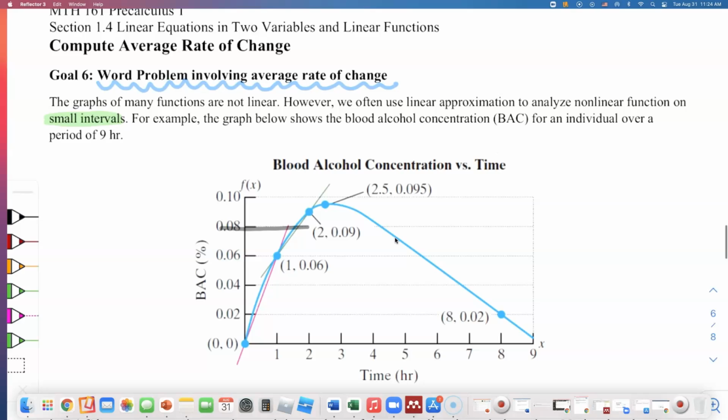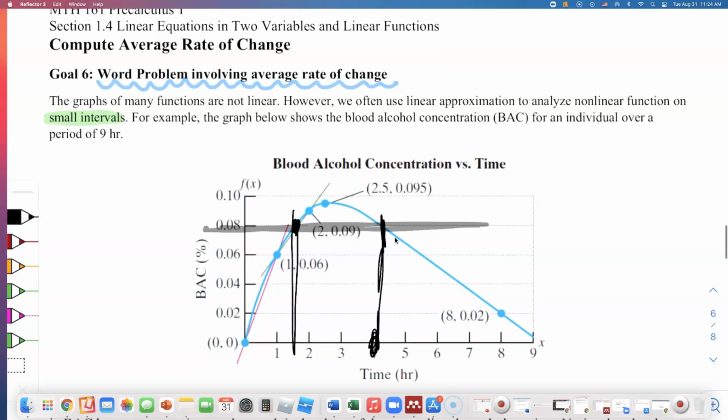So right there, this person should not be driving between about an hour and 30 minutes and 4 hours. I'm not suggesting that you drink and drive immediately. No, you probably shouldn't, but you'd have to wait about 4 hours, sober up, and then you can probably drive home.